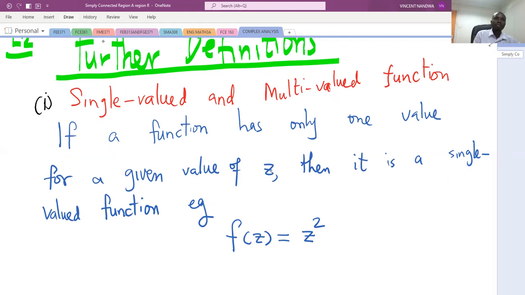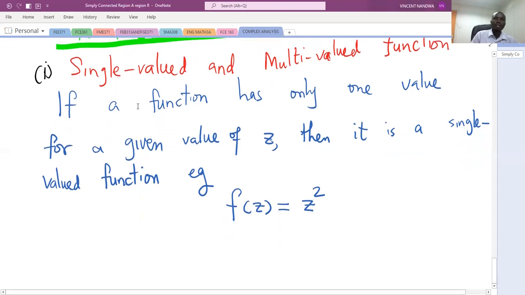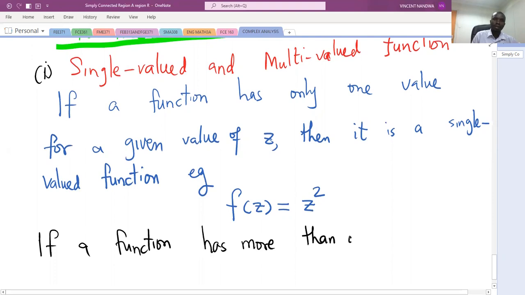And then let's define what we mean by a multi-valued function. So if a function has more than one value, it is known as a multi-valued function.